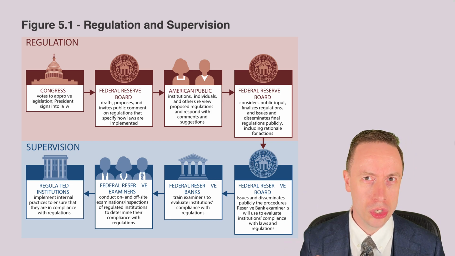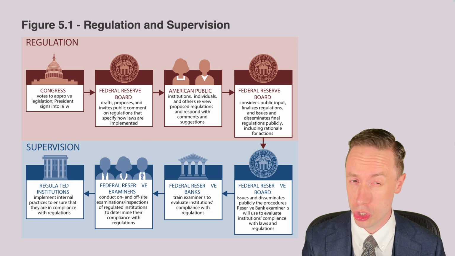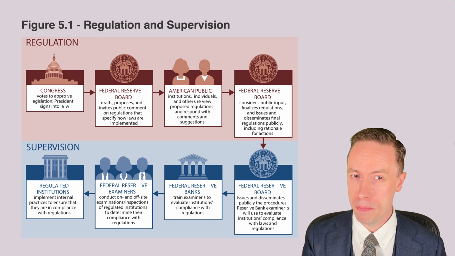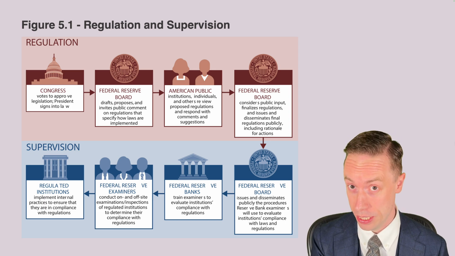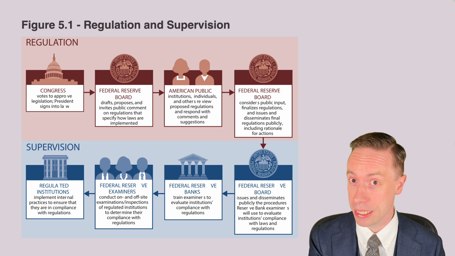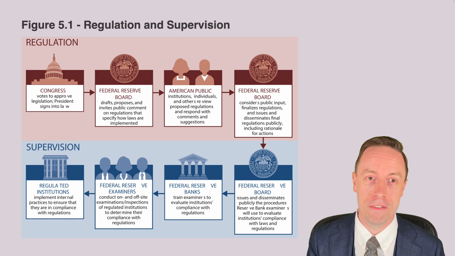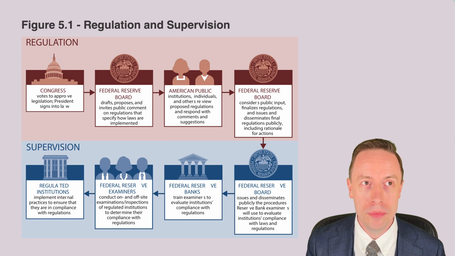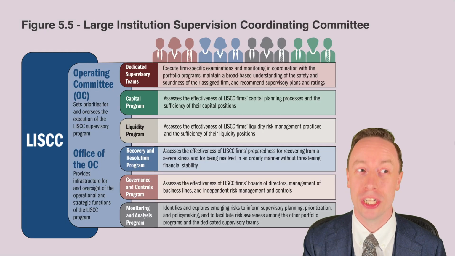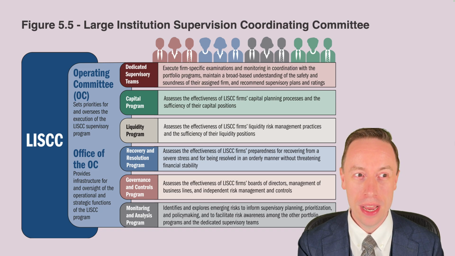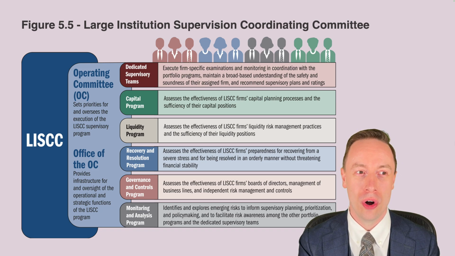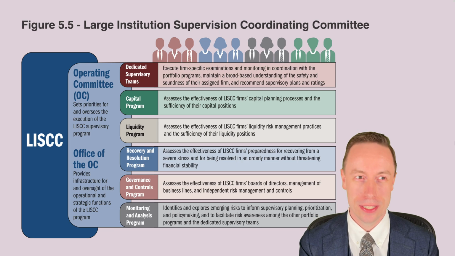If an institution perhaps knows or suspects that it can't fail during a financial crisis, it might not behave as carefully as it should because it might count on being saved. So welcome to an extra special level of regulation if you are a so-called large institution.